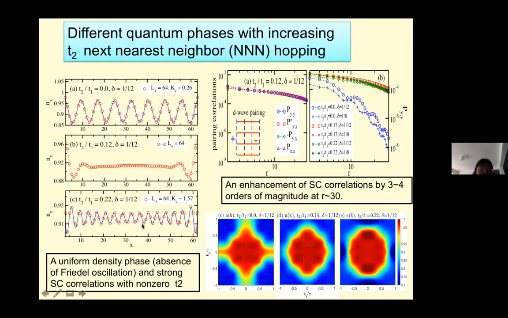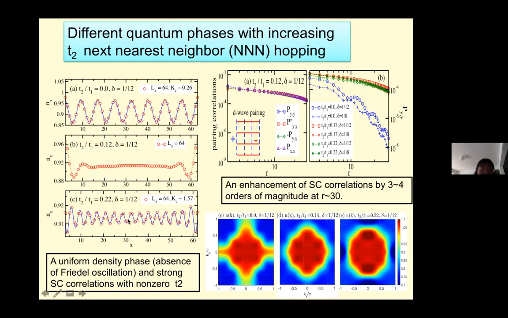Then we increase T2 over T1 to the ratio of 0.22. We also see the stripe density pattern, but the period is doubled from the T2 equals 0 case, and the amplitude shows smaller decay as we go to the middle of the system.